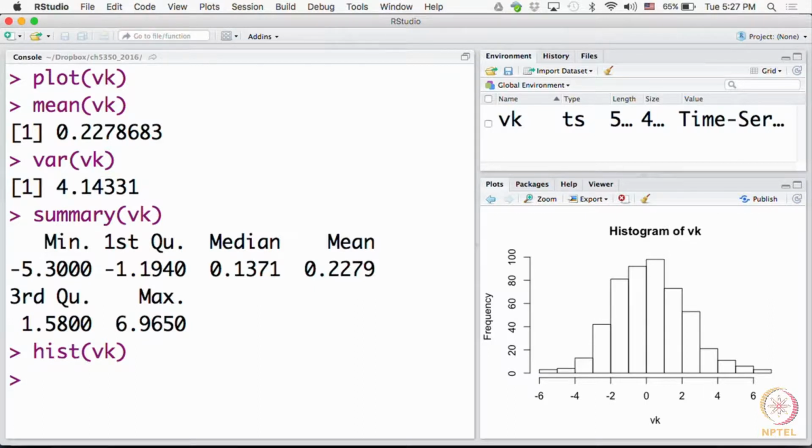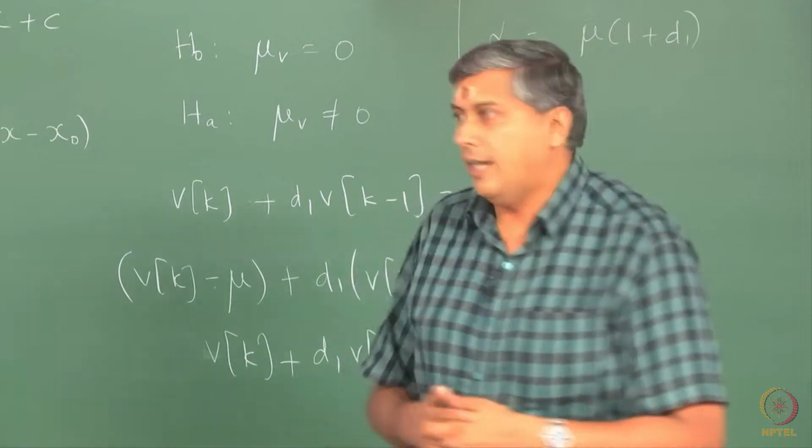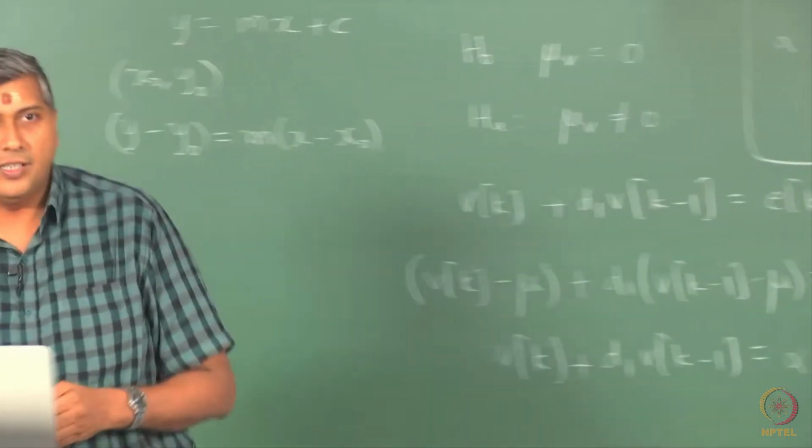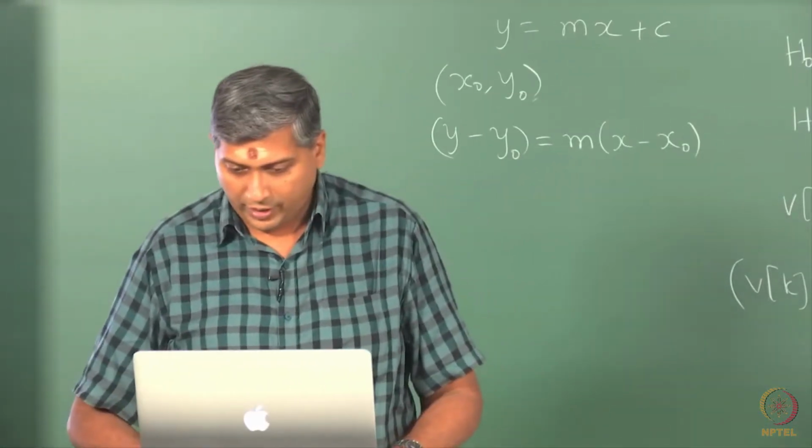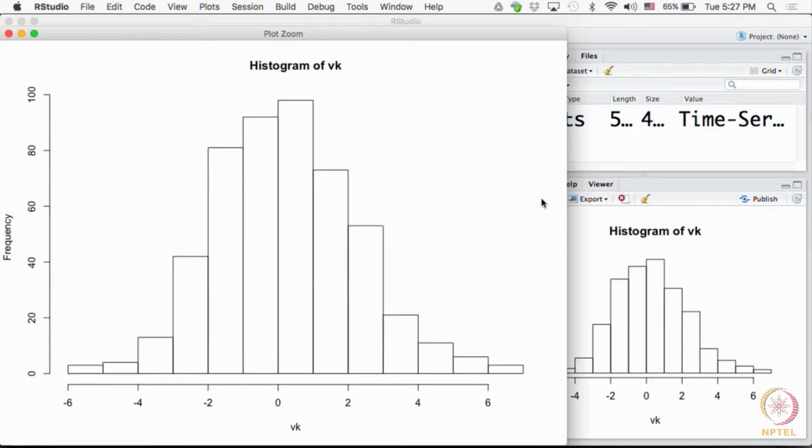It is a sample distribution that we are constructing from a single realization. I think all of you are able to see the plot, or I can zoom it out for you. So, here is the sample histogram that we generated from the given realization, and there is a strong indication that these observations have a Gaussian distribution.